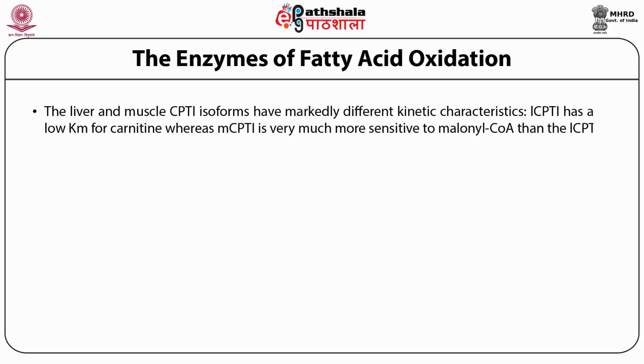The liver isoform of carnitine palmitoyl transferase 1 has a low Km value for carnitine, whereas the muscle carnitine palmitoyl transferase 1 is very much more sensitive to malonyl CoA than the liver form of carnitine palmitoyl transferase 1.